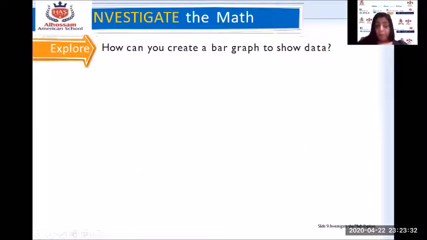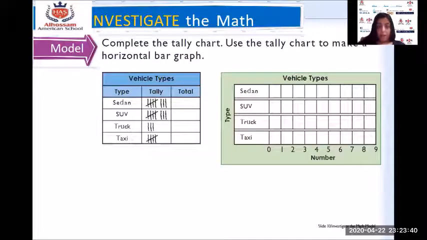Now, how can you create a bar graph to show data? This is what we're gonna learn today. So you're gonna answer this one. Complete the tally chart. Use the tally chart to make a horizontal bar graph. What is this, Fatima? A tally chart. All right, so tell me, how many votes for sedan? 8.